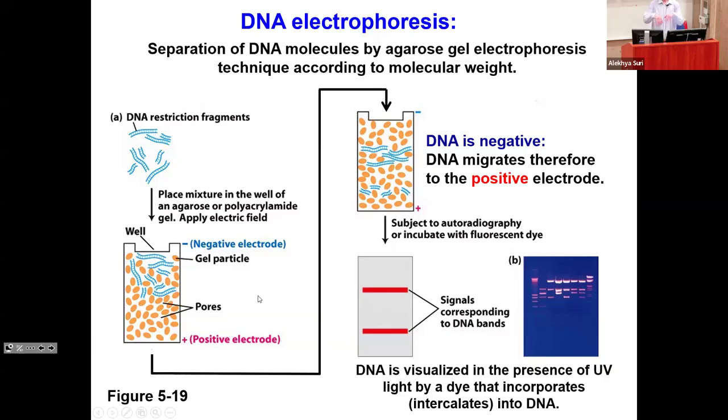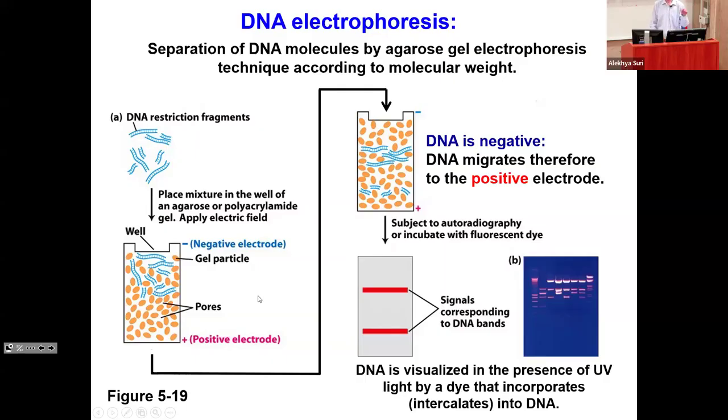So you would grow up a certain number of cells and you would isolate the DNA. This is also a standard procedure. We would use sodium hydroxide to open the cells. There are kits for isolation of plasmid DNA and so on.